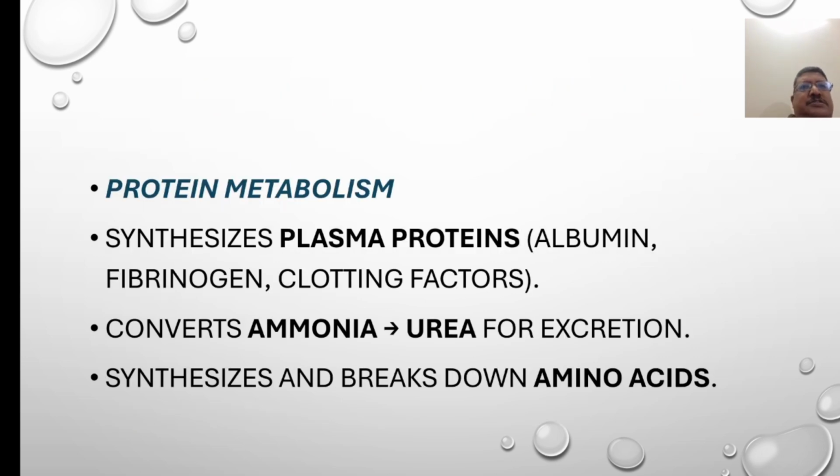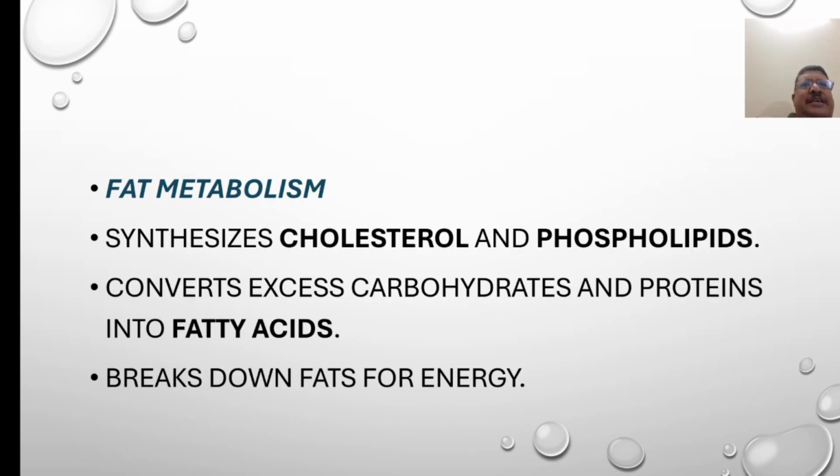Protein metabolism: synthesize plasma protein, that is albumin, fibrinogen, clotting factors, convert ammonia into urea for excretion, synthesis and breakdown of amino acids. Fat metabolism: synthesis of cholesterol and phospholipids, convert excess carbohydrate and protein into fatty acid, break down fats for energy.